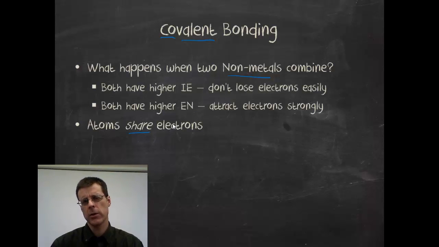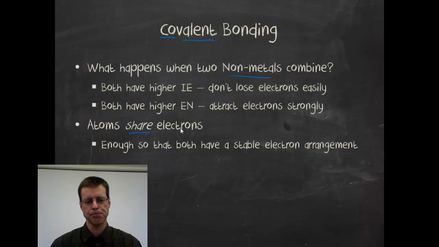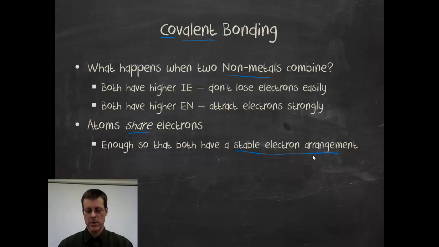And they're going to share the electrons in pairs. And this is going to be kind of important, not so much now, but a little bit later. Pairs of electrons. They're going to share enough electrons so that both end up with a stable electron arrangement, which a lot of the time will be a stable octet, but not always. So we're going to stick with the stable electron arrangement, whatever that happens to mean.